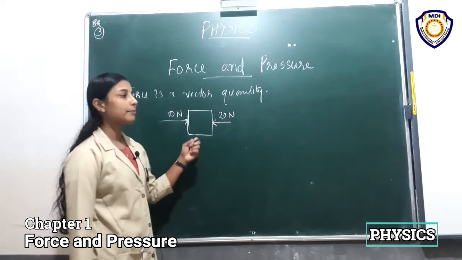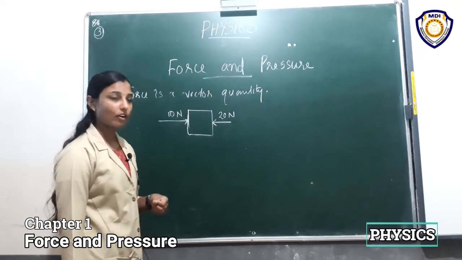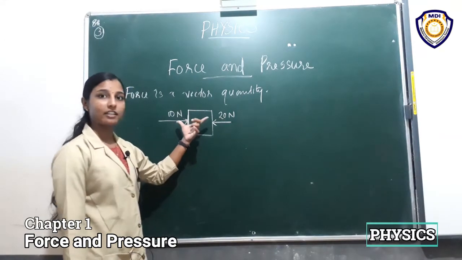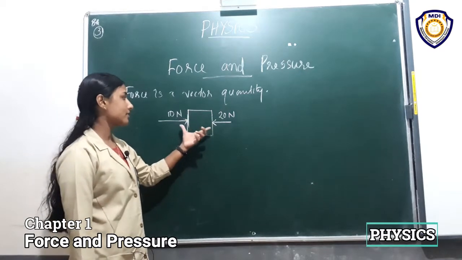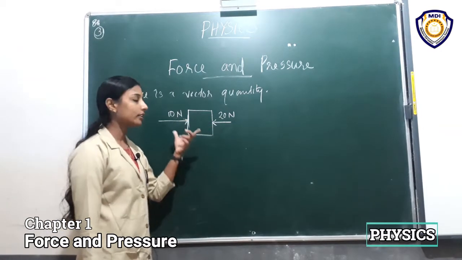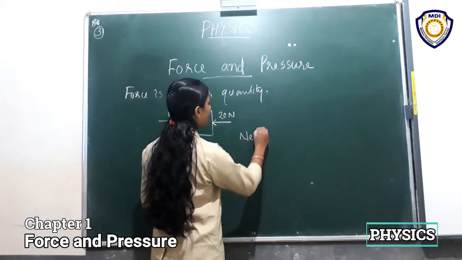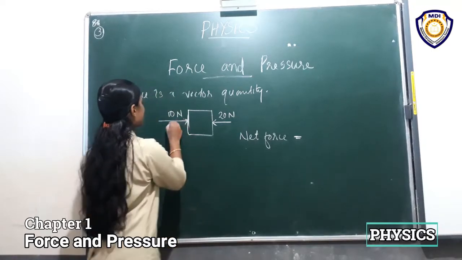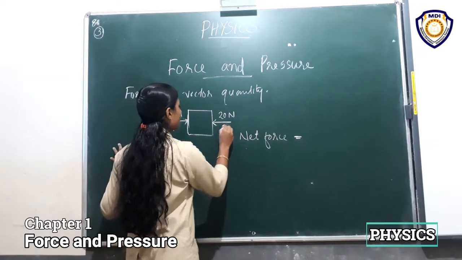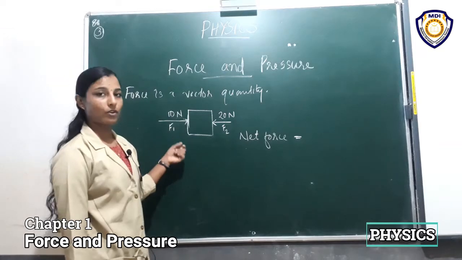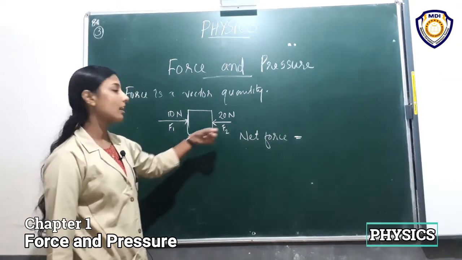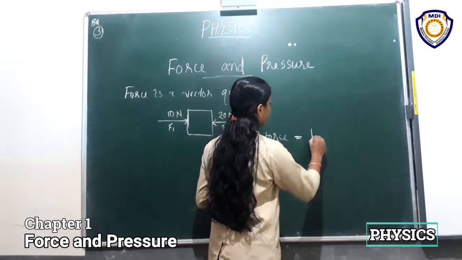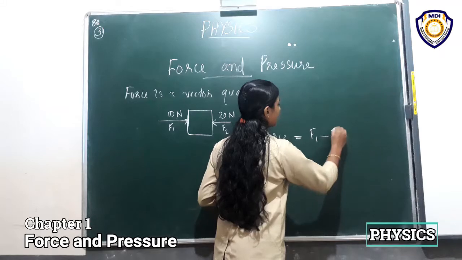So, what will be the net force acting on this box? It will be the difference between these forces, because these forces are in opposite directions. Suppose the 10 Newton force is F1 and the other is F2. The net force will be the difference between the two forces.